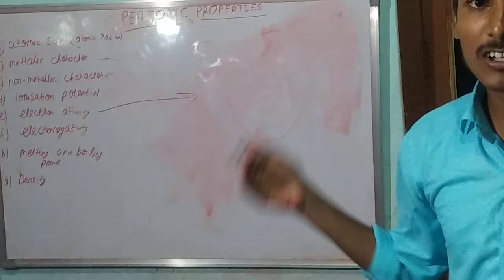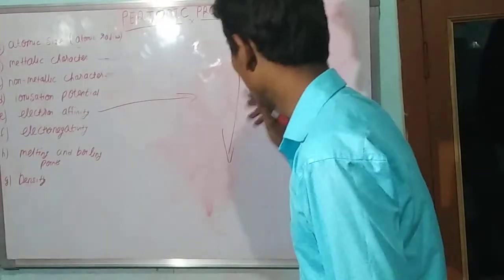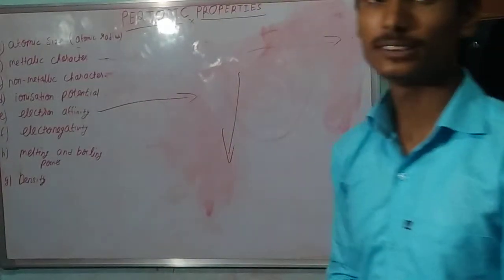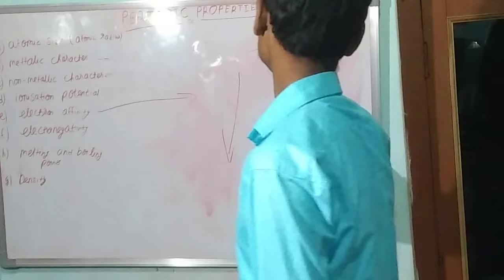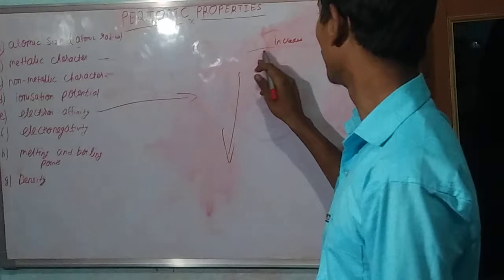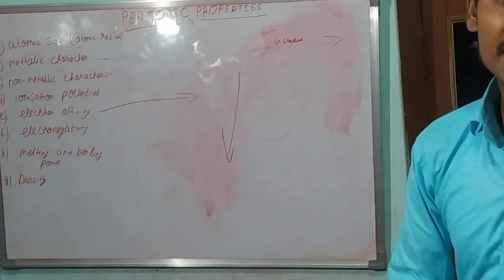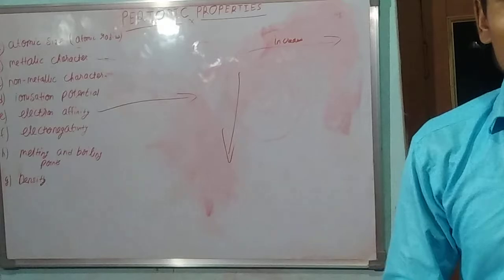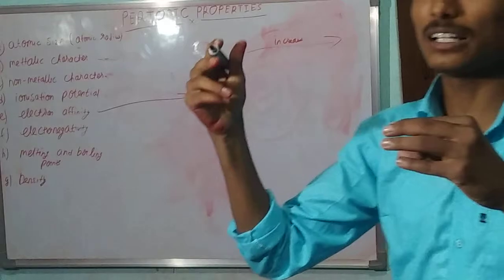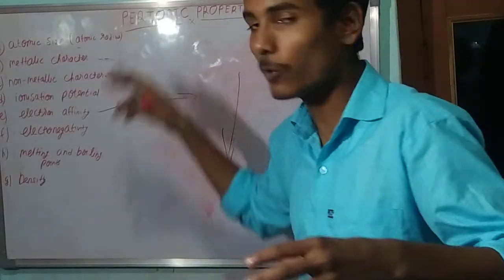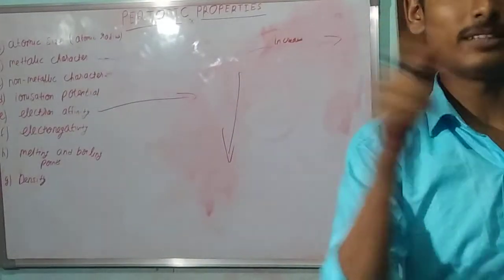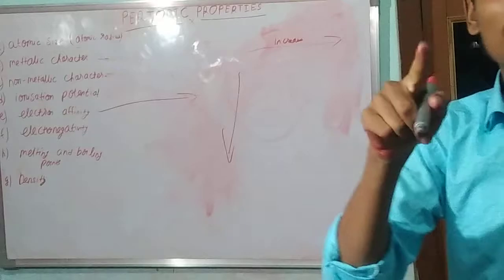Then how does it vary across a period or down the group? Across a period, electron affinity increases. Why? Nuclear charge increases, so the nucleus exerts more force on the outermost shell, and the size is also smaller. Take chlorine in group 17: it is short of one electron to complete its octet.